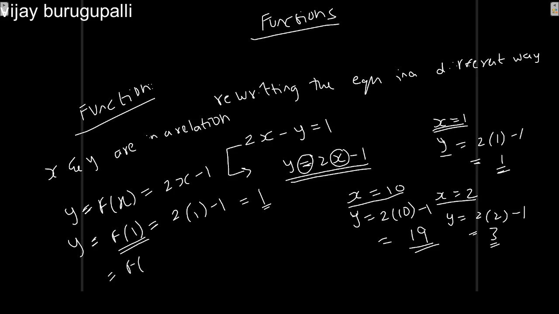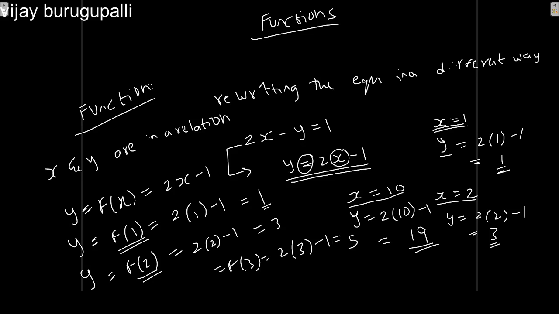Similarly, if you take f of 2, then you have to replace x with 2, and you will get the value of f of 2 as 3, and the value of this function is equal to y. Similarly, if you take f of 3, then you have to replace x with 3. You will get 5, which is nothing but y is equal to f of 3 equal to 5. In this way, you have to solve functions.